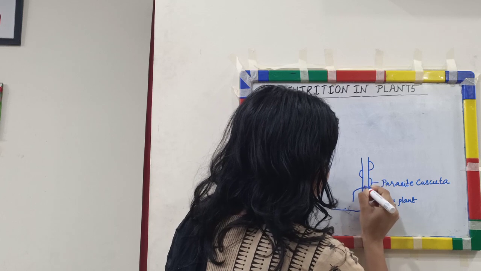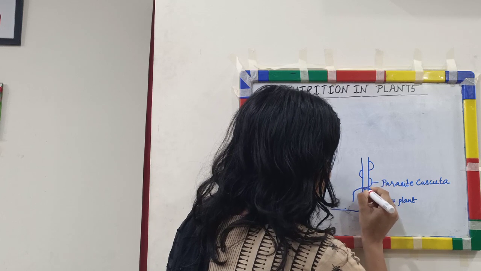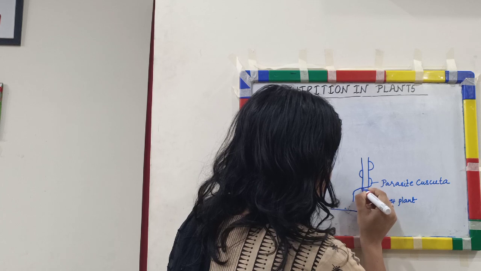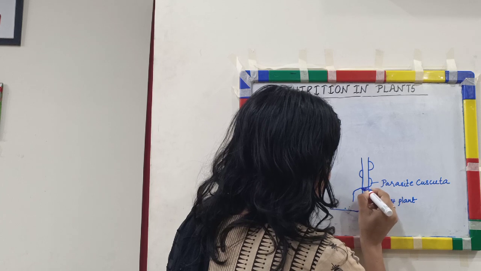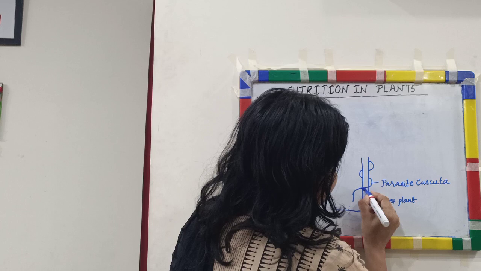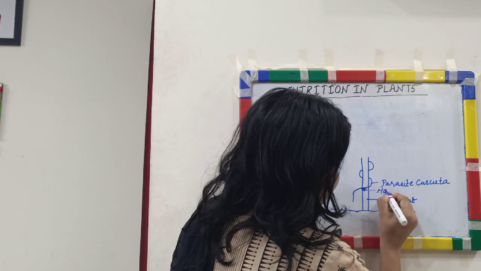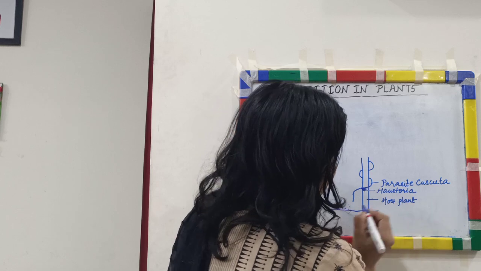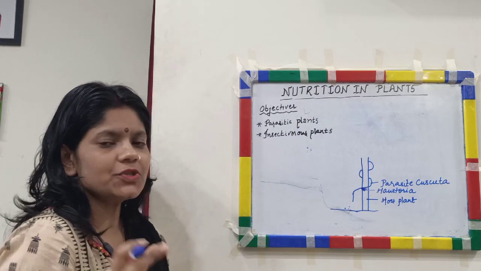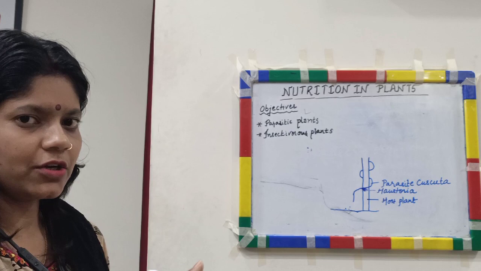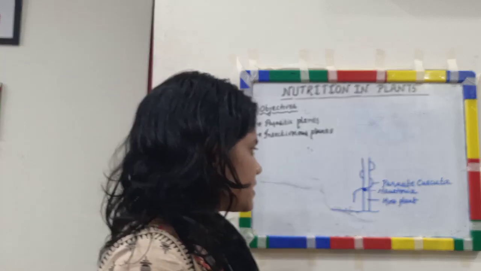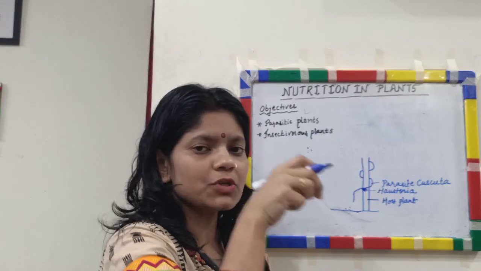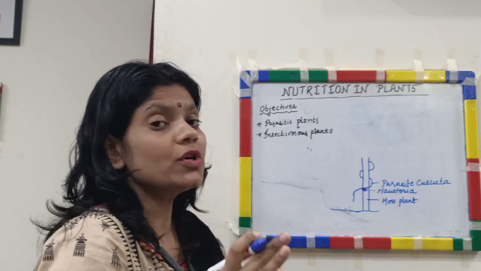The Cuscuta plant starts to develop certain structures which are called haustoria. So what are haustoria? Haustoria are actually a special kind of absorptive structures which reach till the vascular bundle of the host plant.